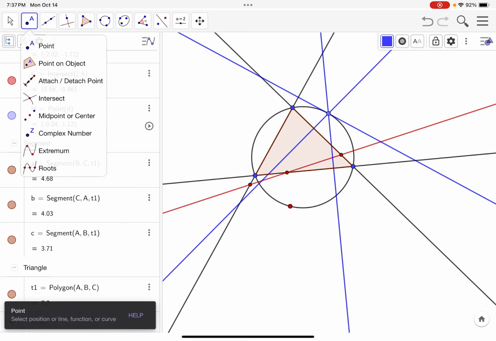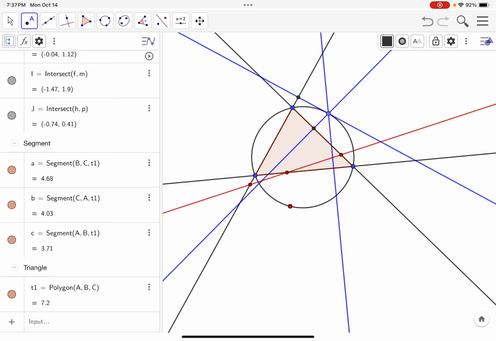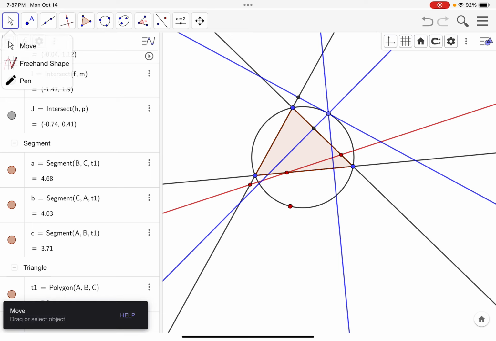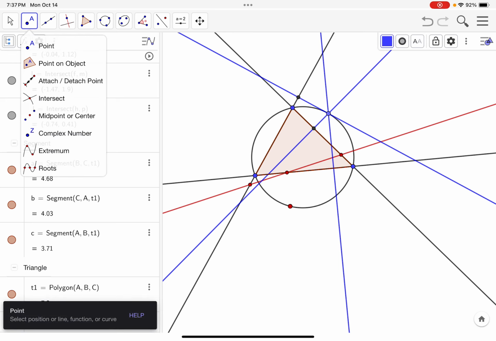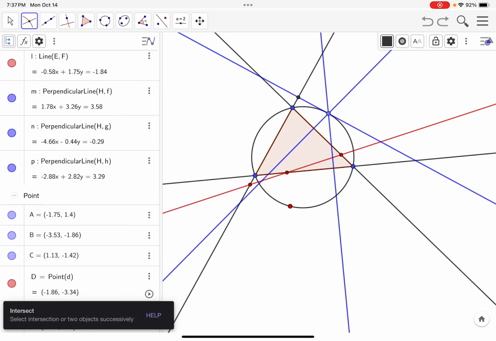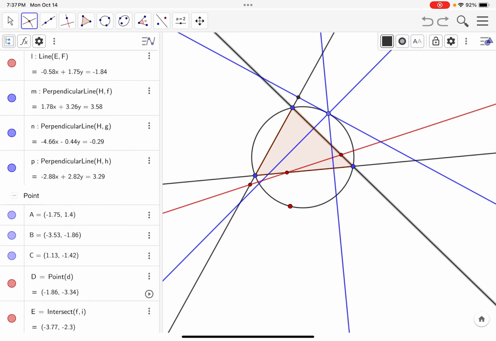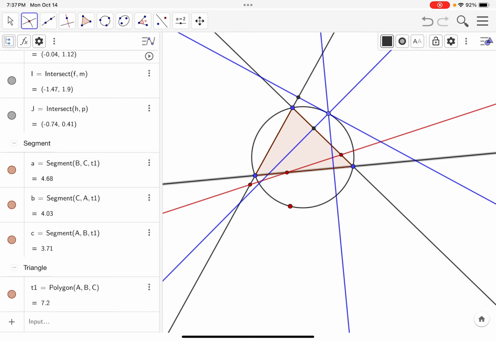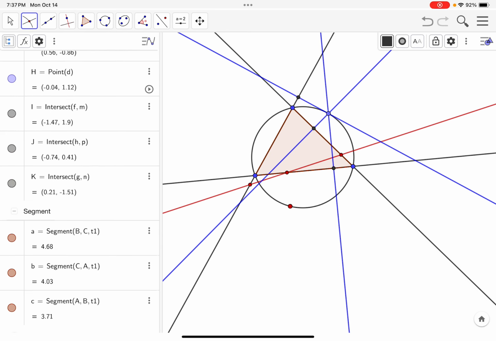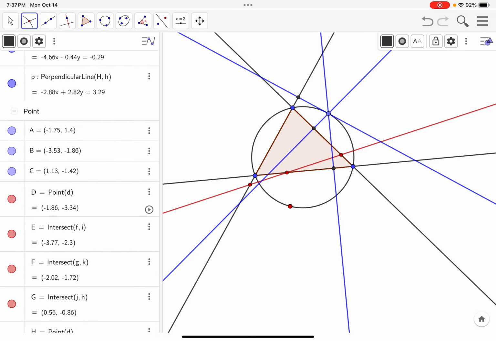And then we'll put a couple points down. I'm going to use the intersect tool. Okay, we got our 3 feet of the perpendiculars now.